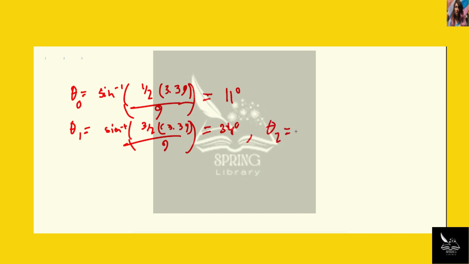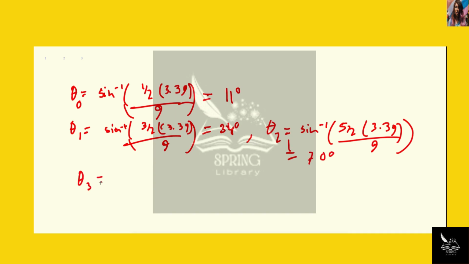Theta 2, which is m equals 2, the third order, you have 5/2 times 3.39 over 9, giving you 70 degrees. Now, when you try m equals 3 here, you have arc sine 7/2 times 3.39 over 9.